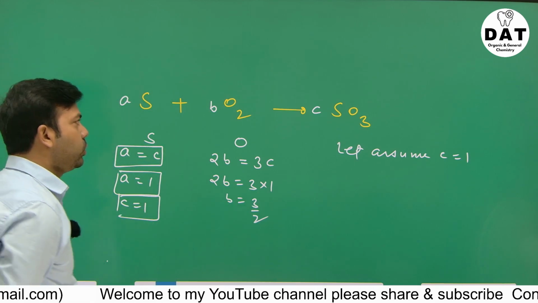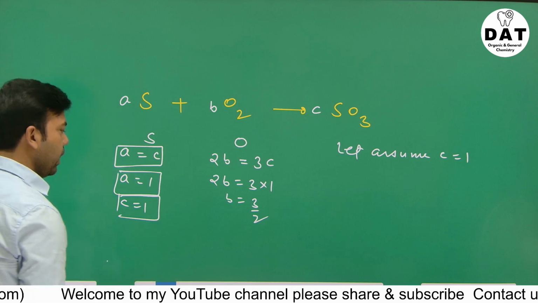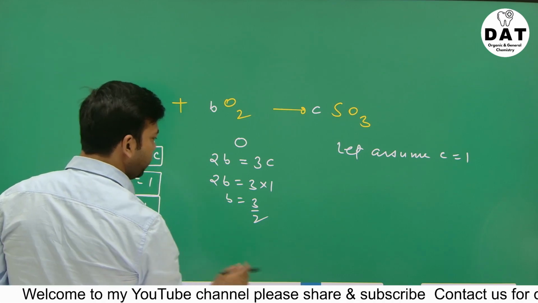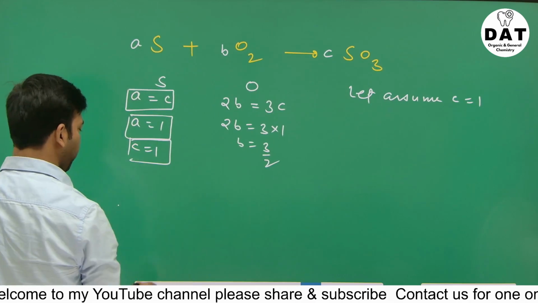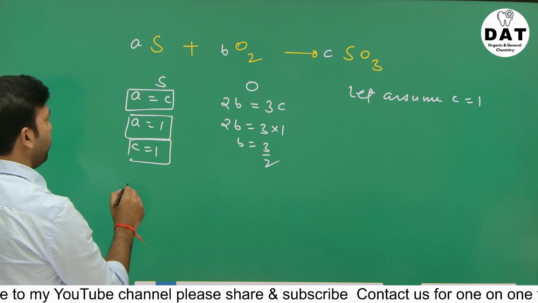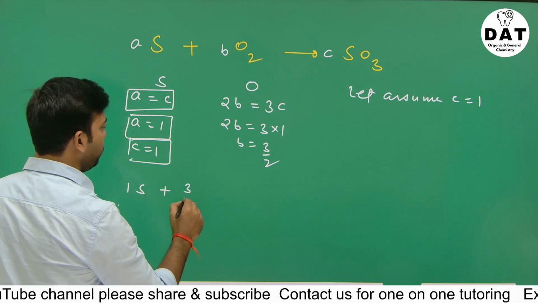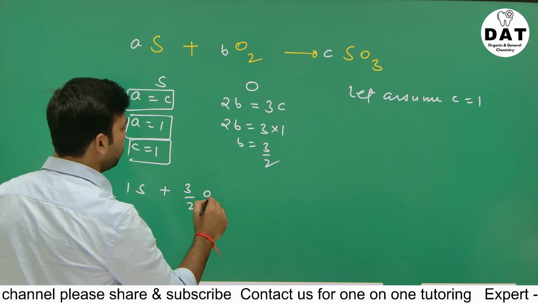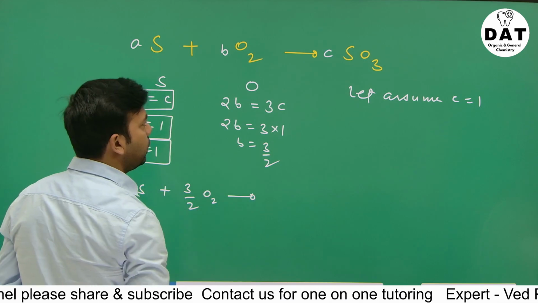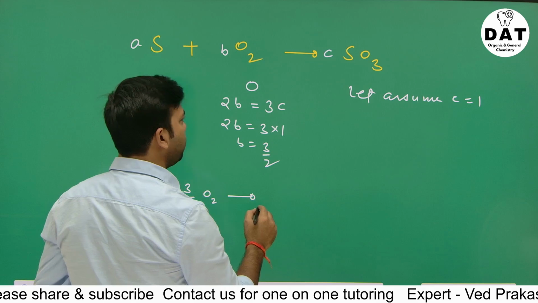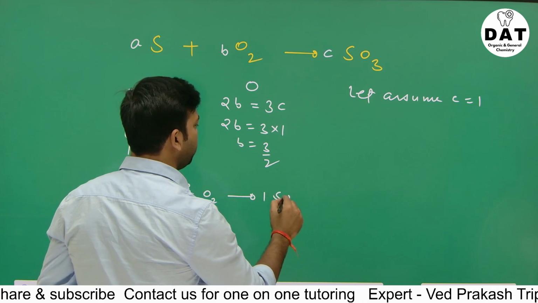Clear? So now we have A and B and C values. So we can put here A is 1, so 1 sulfur plus how many B? B is 3 by 2, which is O2, and gives C SO3. C is what? C is 1 SO3.